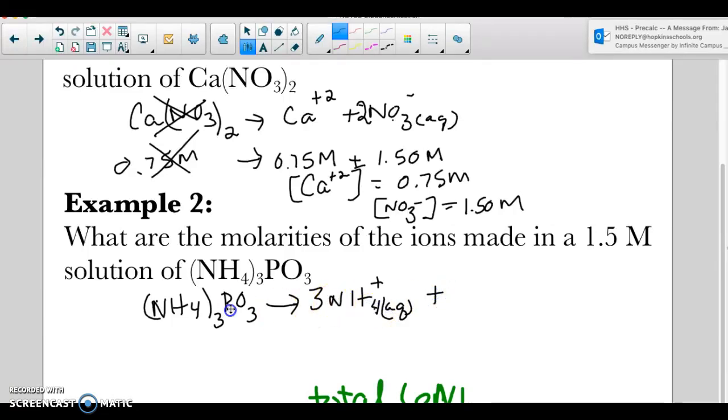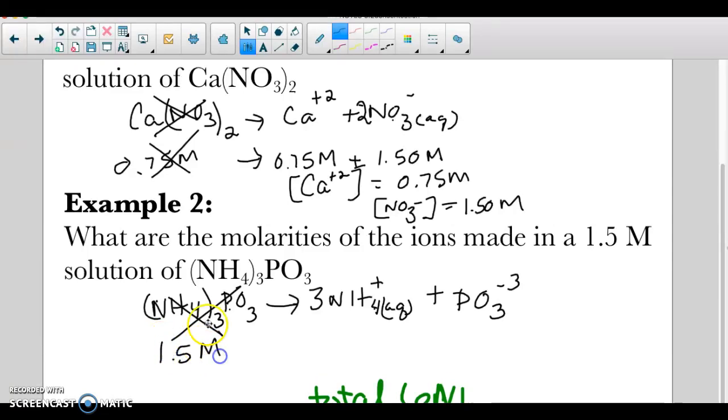So when they're in water, this is going to go away and break up, and then we'll get 1 phosphite. So if I originally had a 1.5 molarity solution, then I'm going to look at that ratio again. You can mathematically do it if you want: 3 NH4s for every 1 of the whole compound.